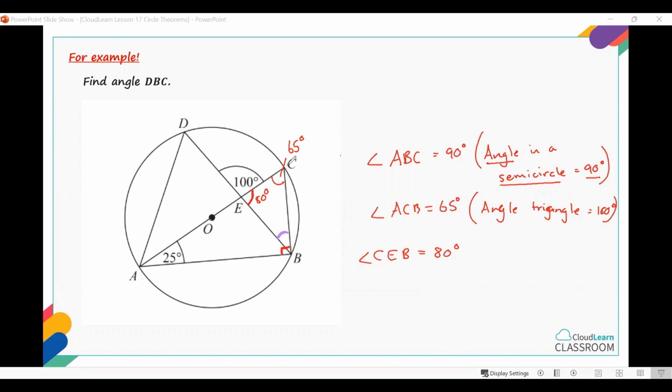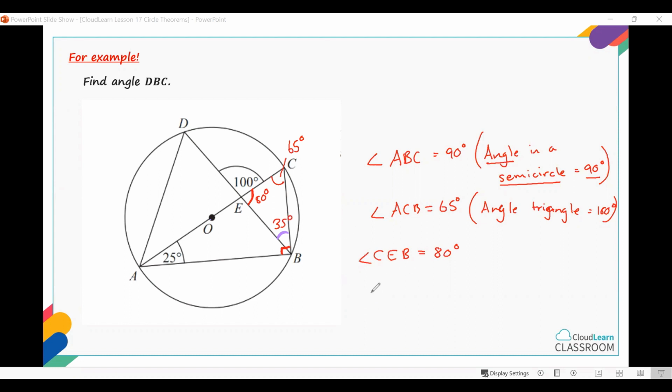Okay, and finally now we can work out what angle DBC is. So it's quite a lot. We have to go through quite a lot of finding other angles. You can't just get straight to the angle you need. You have to use everything you know, but we can get there eventually. So DBC then is 35. Thank you both. You got that really quick. Well done. 35 degrees there.